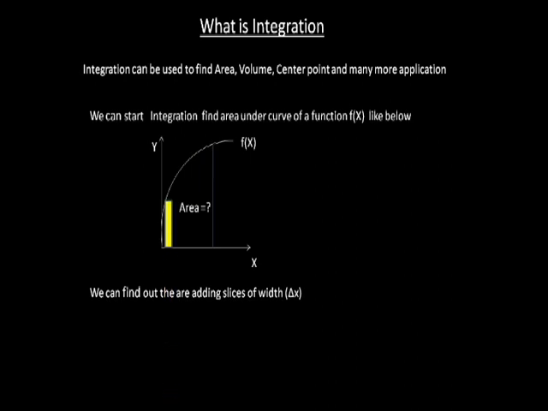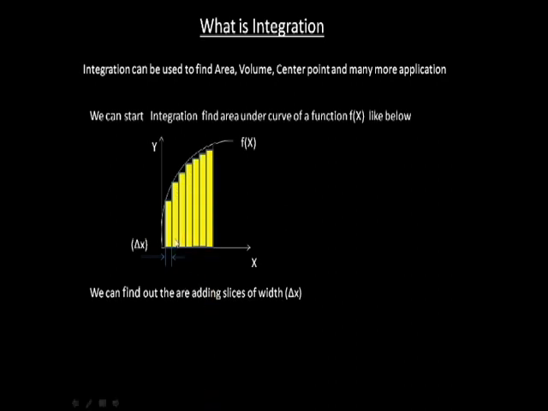What we can do is take small slices like this. The width of this slice, suppose we consider it as delta x, and again there is another slice. We will put it here.